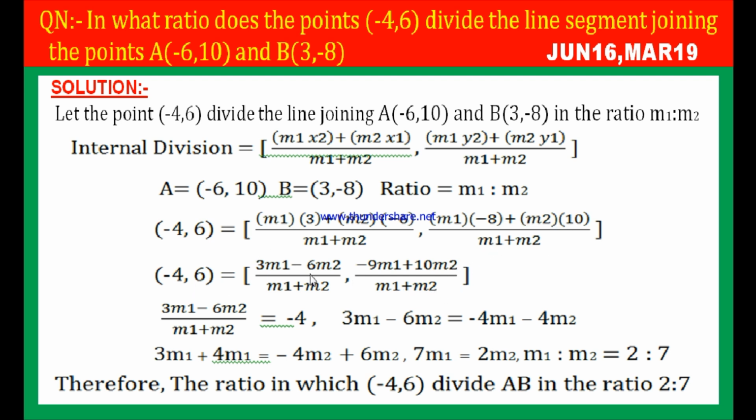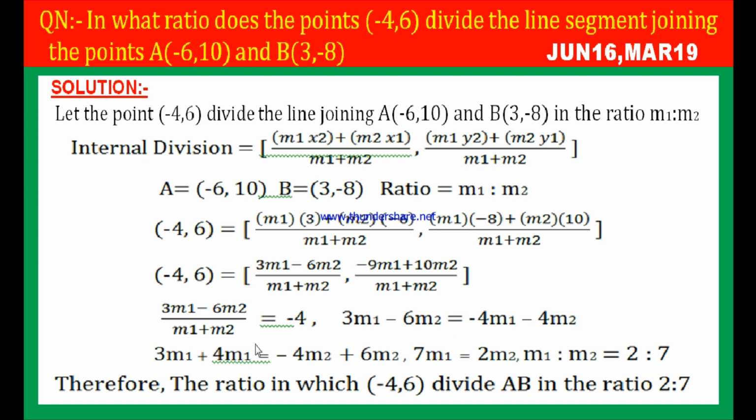Now since these two points are equal, you can equate either the x coordinates or the y coordinates. Here in this case we equate the x coordinates. That is (3m1 - 6m2) by (m1 + m2) is equal to -4. Or 3m1 - 6m2 is equal to -4 into (m1 + m2), which is -4m1 - 4m2.